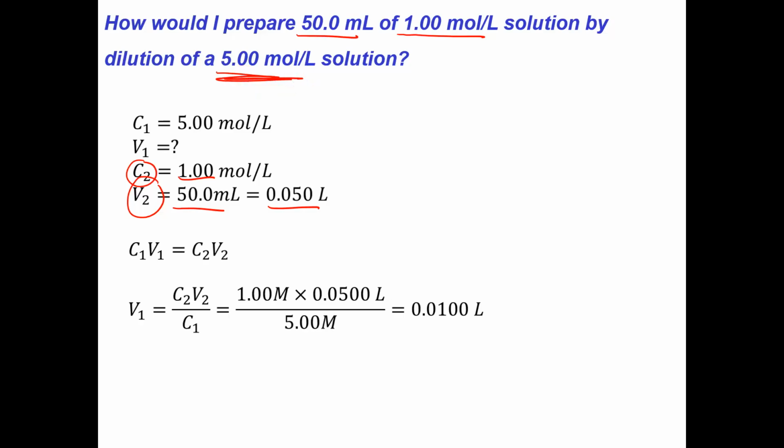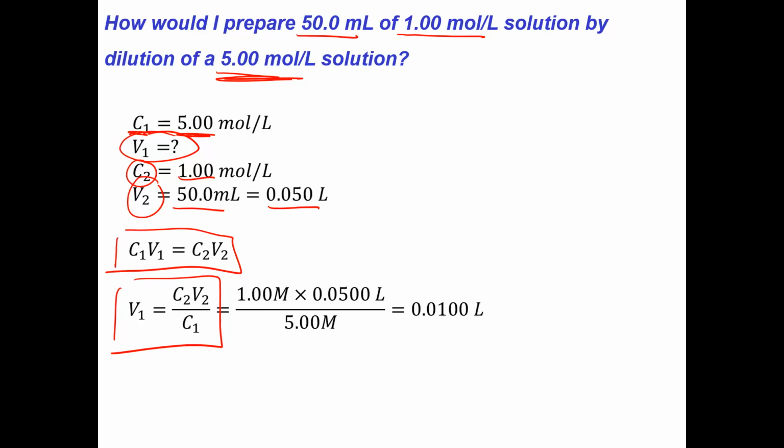That's what I'm starting with, so C1 is 5 moles per liter and V1 is what's missing. So I'm going to take the dilution formula and divide both sides by C1 so that I can isolate V1, which is what I'm trying to solve for.